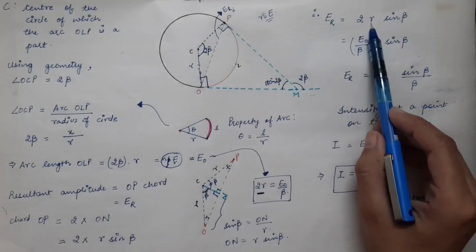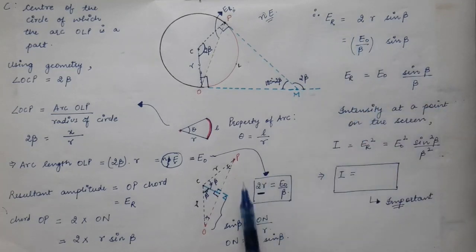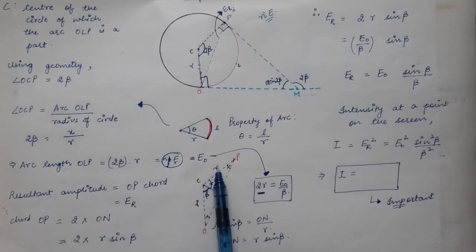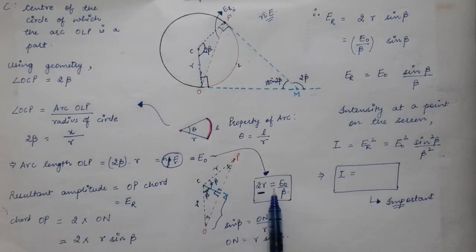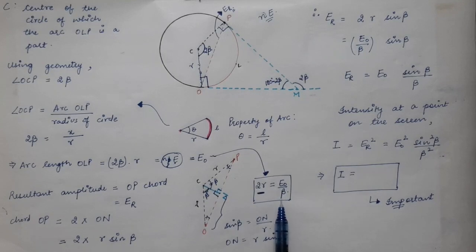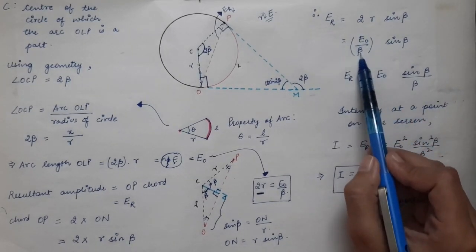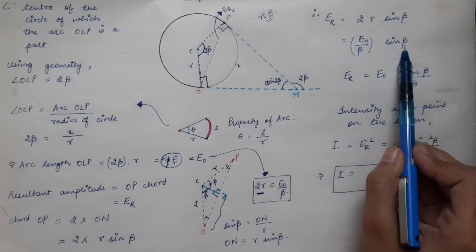Now this 2R we have already found. This 2R is equal to E0 divided by beta. From this particular formula we have found 2R is equal to E0 divided by beta, where E0 is a constant. So in place of 2R you will insert E0 divided by beta, and sine beta will remain as it is.